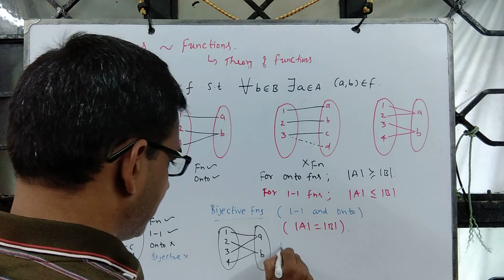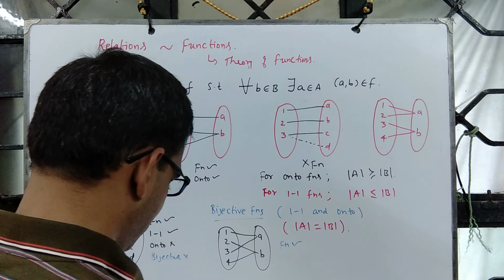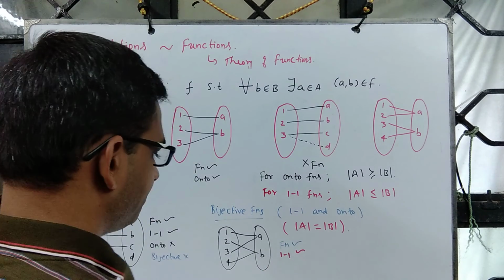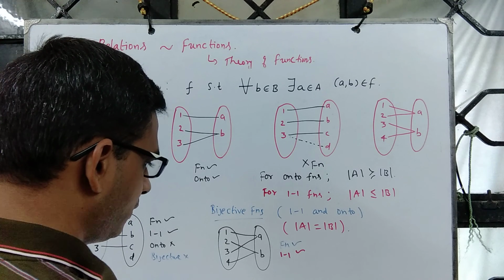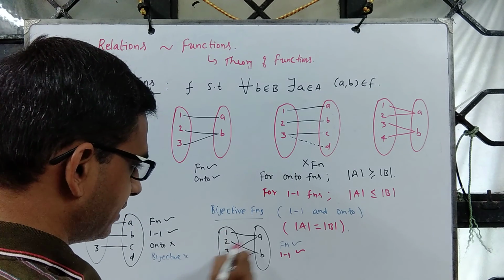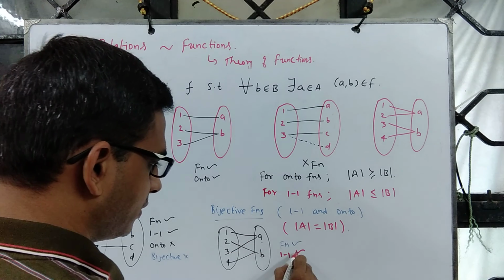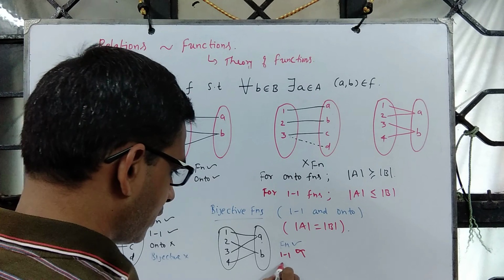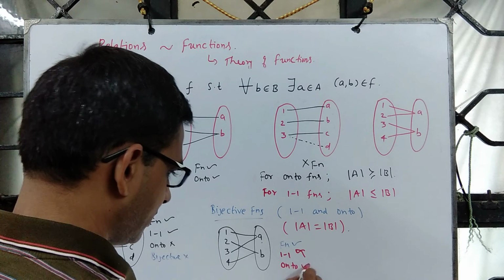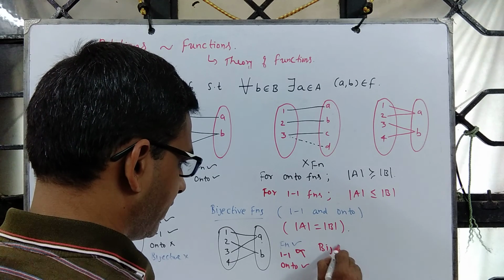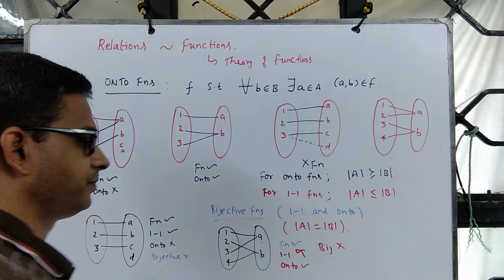Now this tells you it's a function, yes, and is it also one-to-one? No, it is not. You see that these two elements have the same image, so it is not one-to-one. And is this onto? Yes. And because it is not one-to-one, it is not bijective.